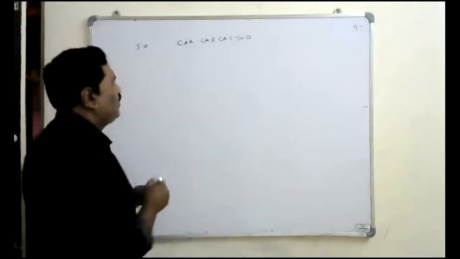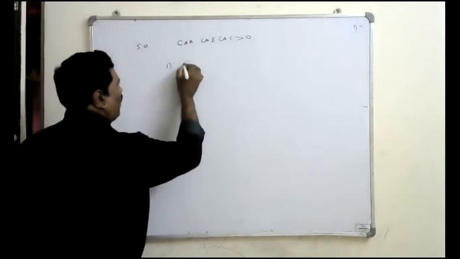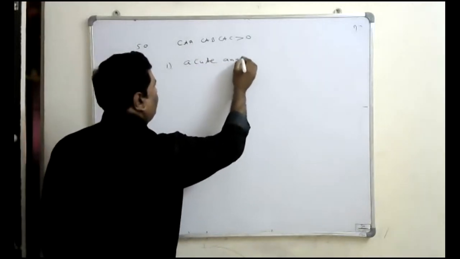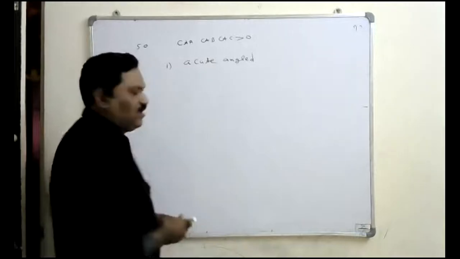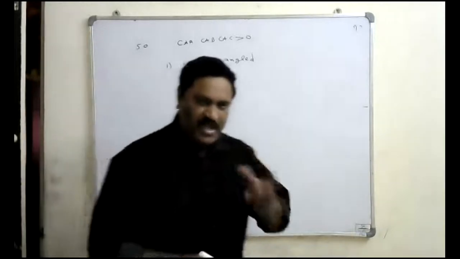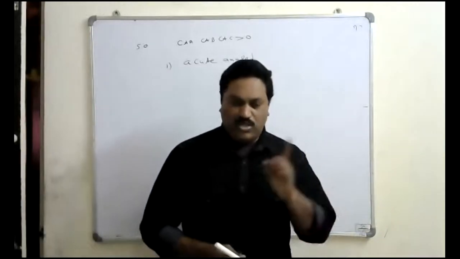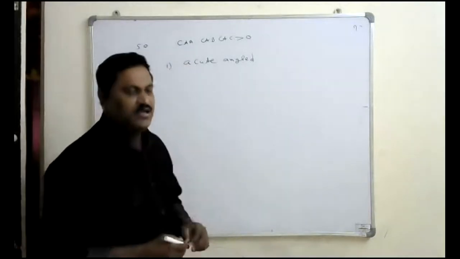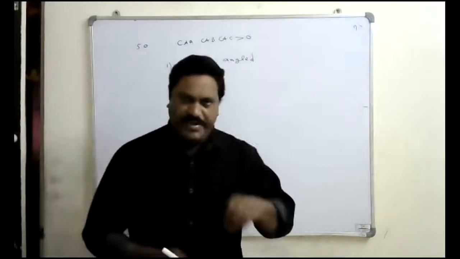Suppose in the first case I take an acute angle triangle. Acute angle means every angle should lie between 0 and 90, which means all the angles lie in the first quadrant only.